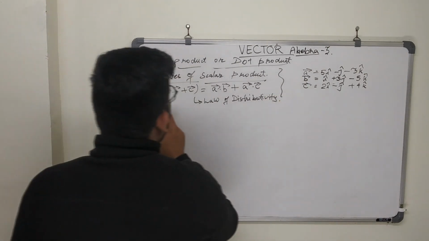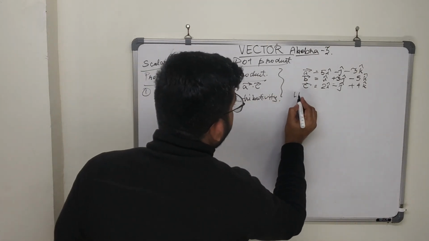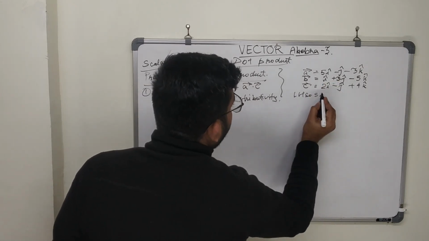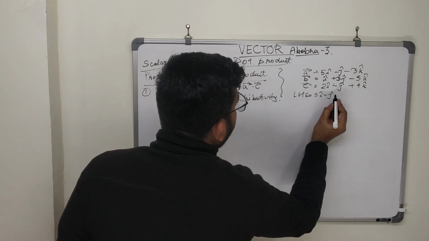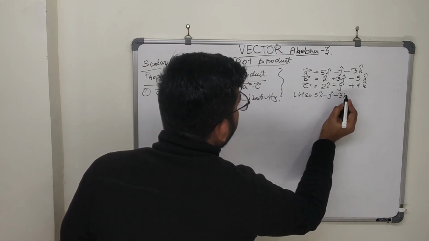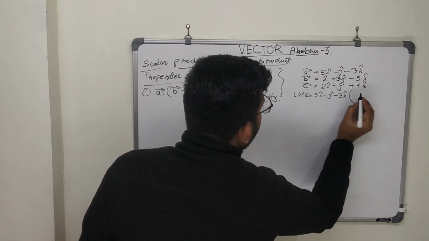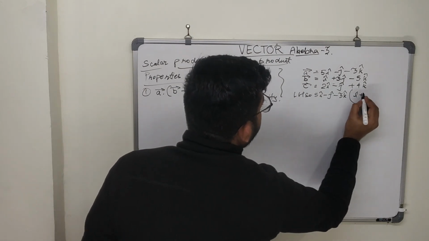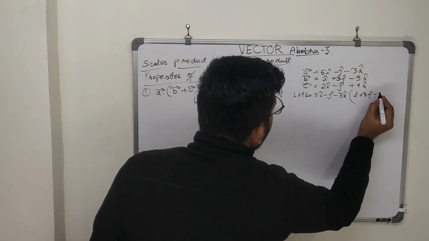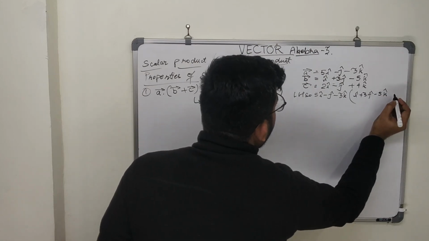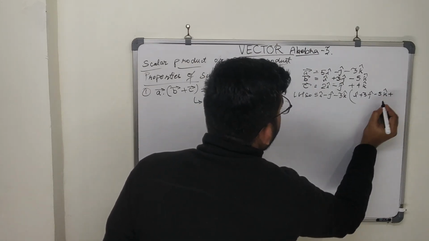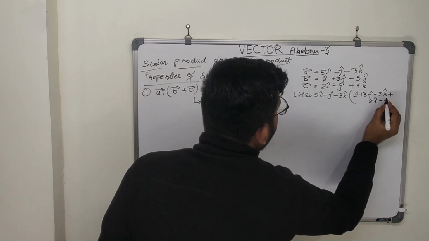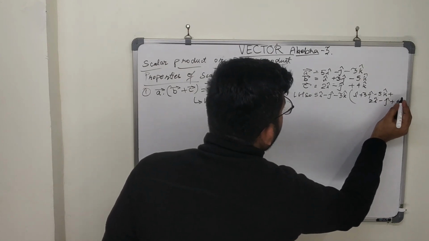Suppose taking LHS, that is LHS is equal to A vector, 5 i cap minus j cap minus 3 k cap, into B vector plus C vector, that is i cap plus 3 j cap minus 5 k cap plus C vector, that is 2 i cap minus j cap plus 4 k cap.